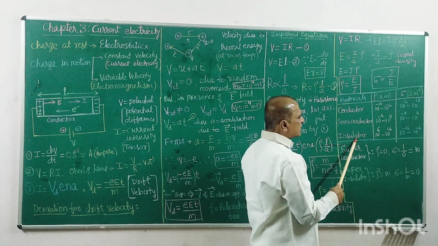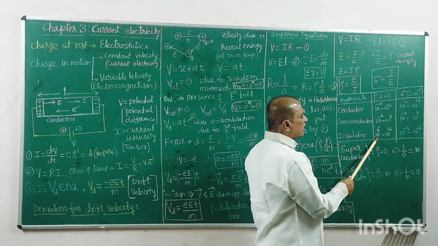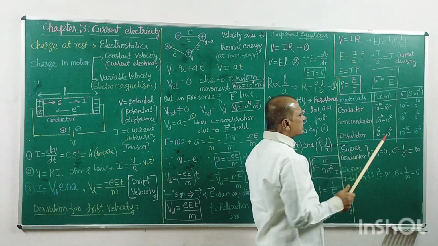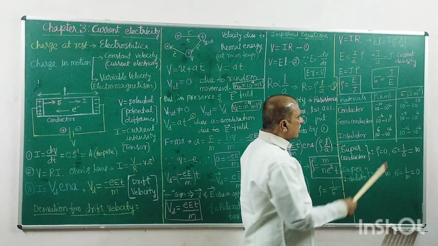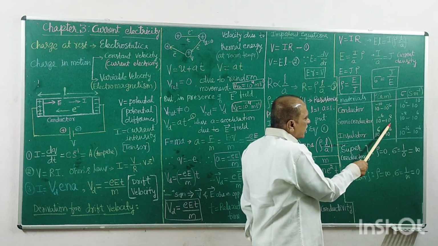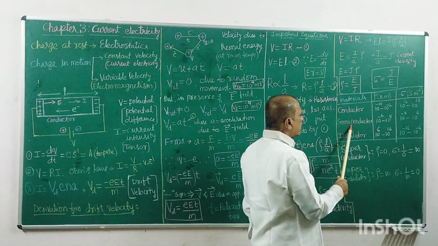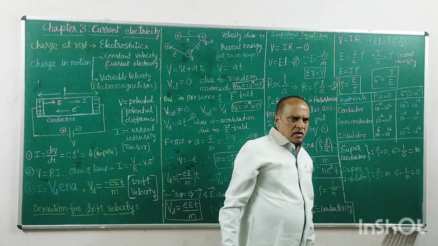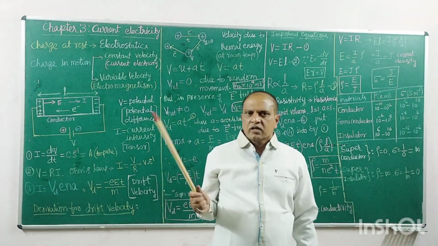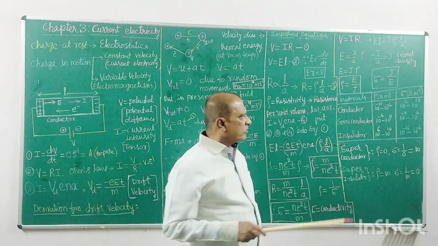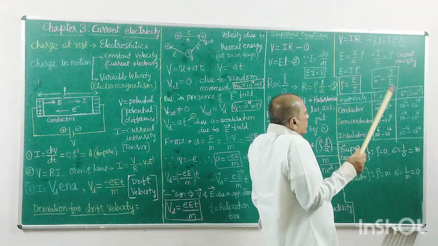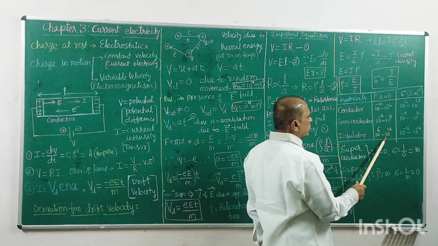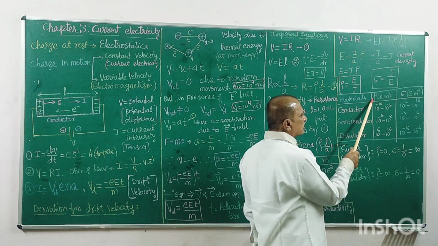So they have the resistivity in this range, very high resistivity, very low resistivity, and the resistivity values lying in between this range, if they come in this range, they are called semiconductors. Look at this. On the basis of the range of resistivity values, we have classified all the materials into conductors, semiconductors and insulators.